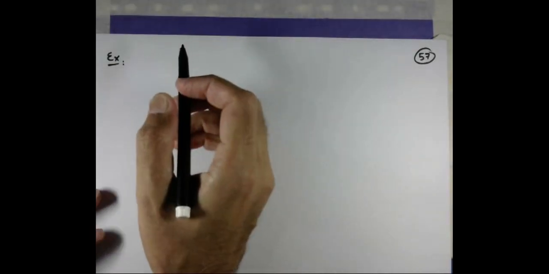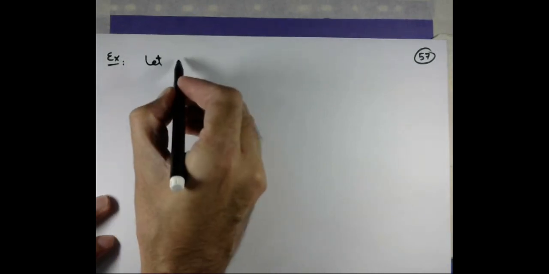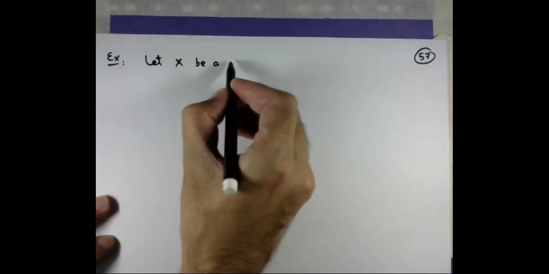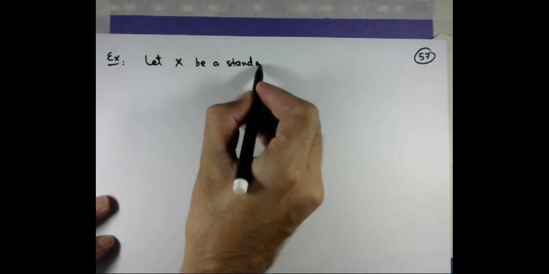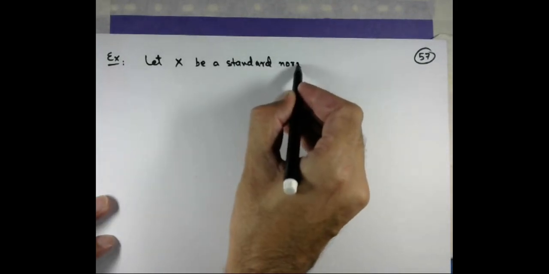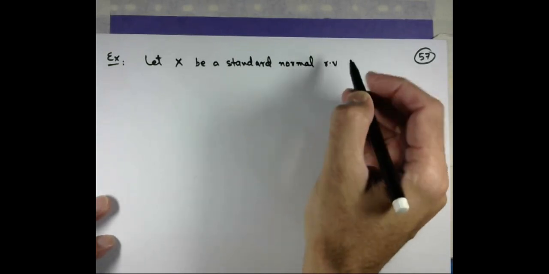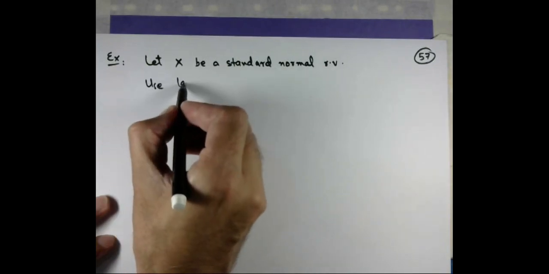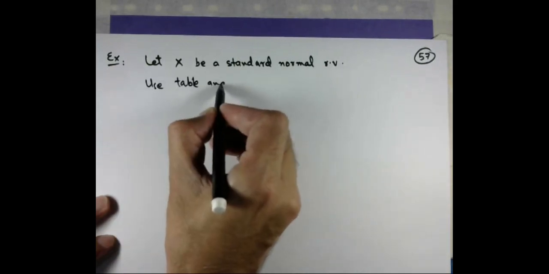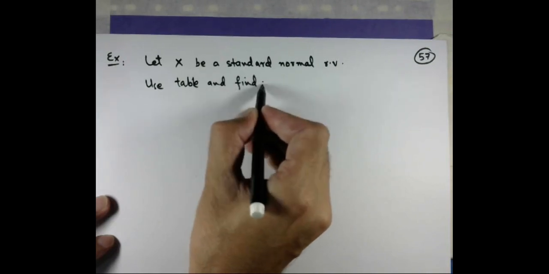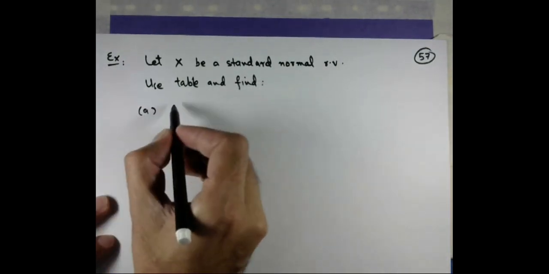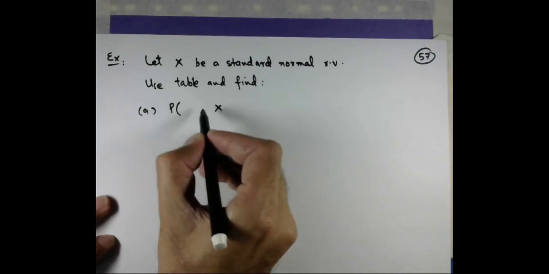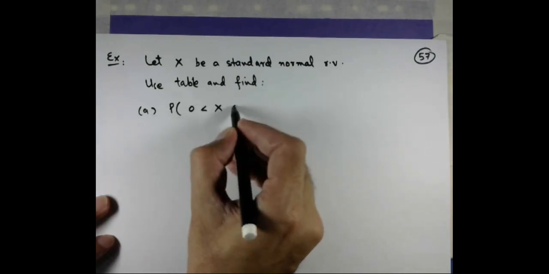So suppose we have a standard random variable, already known that it is a standard random variable. Let x be a standard normal random variable. Use the table and find, first, the probability that x is greater than 0 and less than 2.